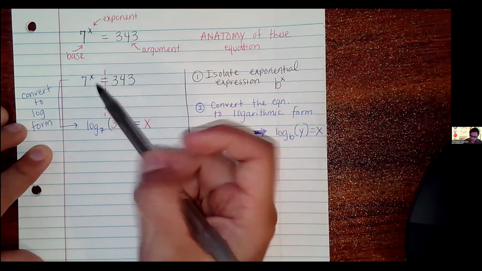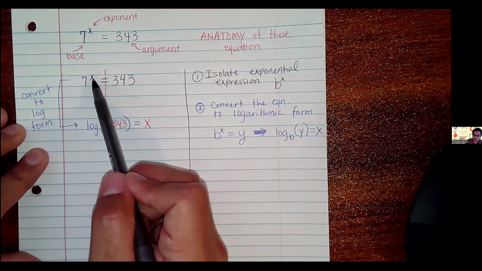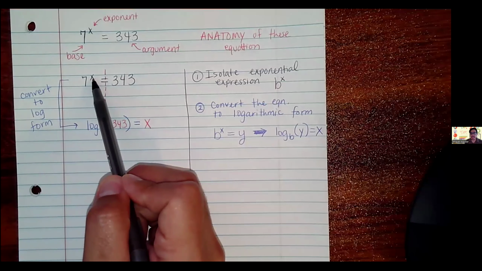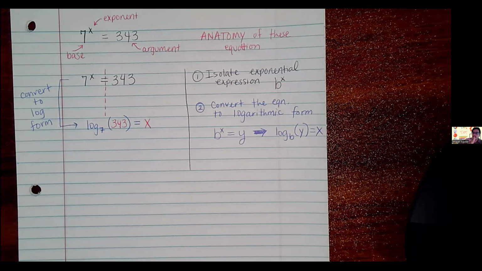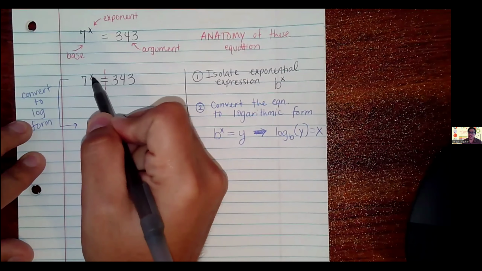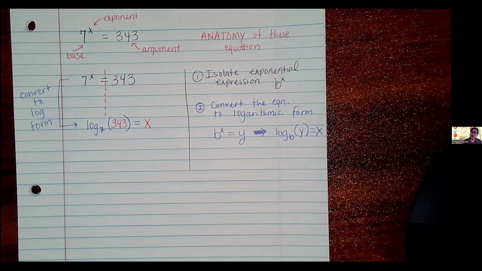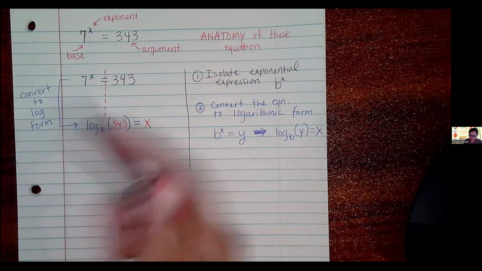When we started this equation, we had 7 to the x power, but I like to think about these exponents as trapped up there, kind of like a damsel in distress in the highest castle and the tallest tower, if you get that Shrek reference. But we cannot interact with that exponent unless we bring it out from being an exponent. Converting to log form is the way that we do that.